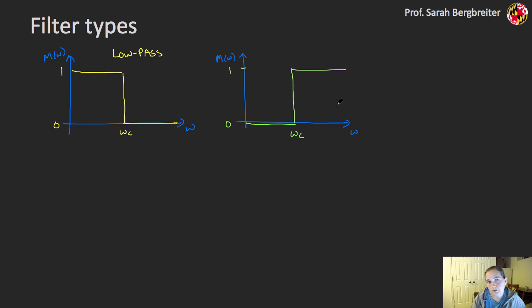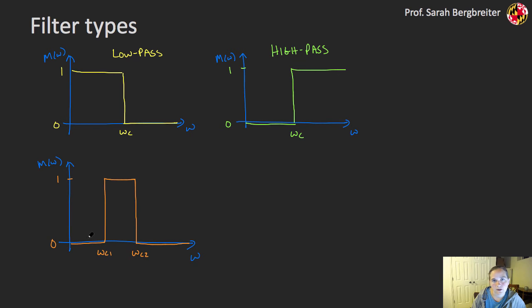In another type of filter, the pass band will occur at higher frequencies and the stop band is at lower frequencies. So in this case, high frequencies are allowed to pass through the system, whereas low frequency content is completely cut out of the system. And similarly, this filter is going to be called a high pass filter, where high frequency content is allowed to pass through.